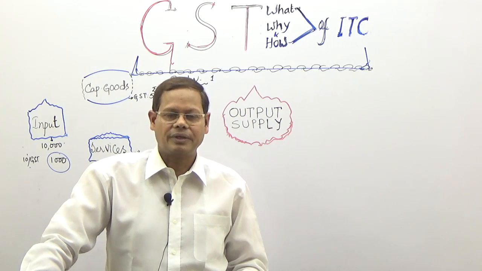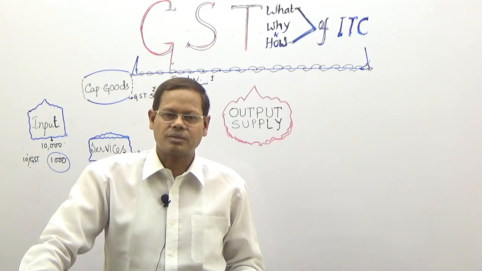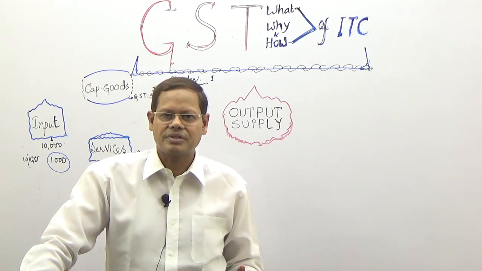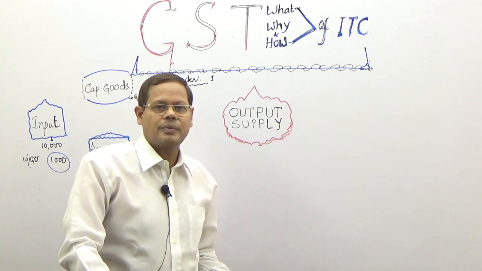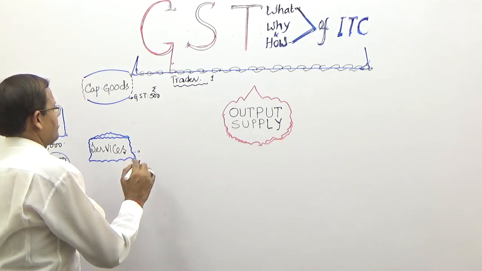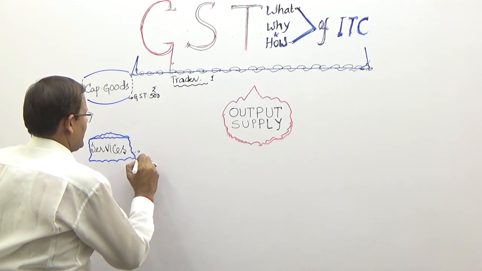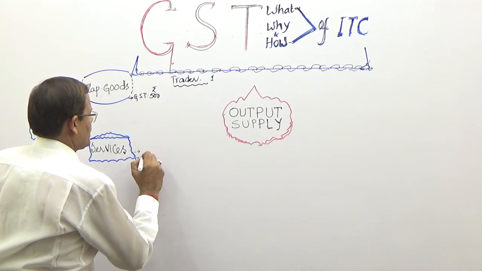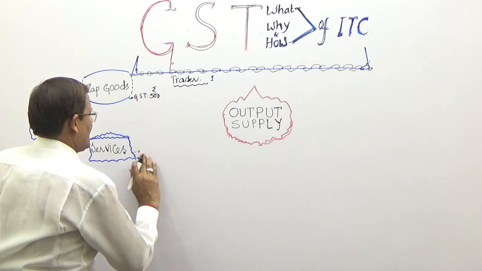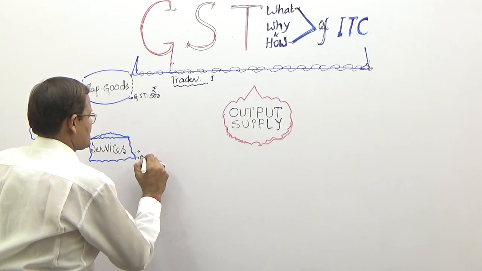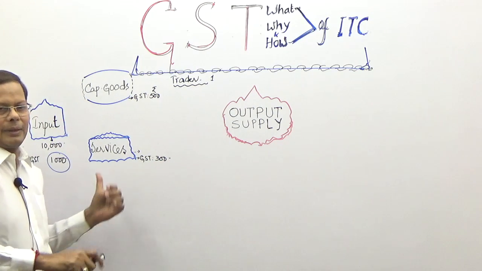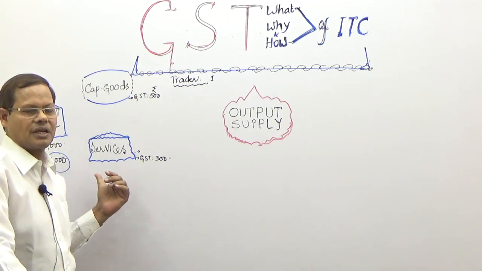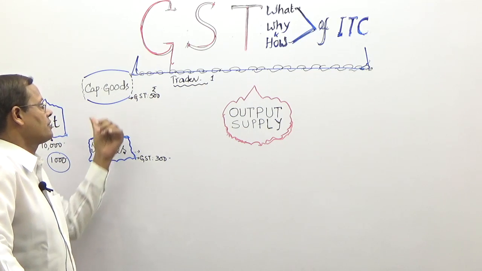You name it and you have it, because everything is taxable today. So he is also taking services in furtherance of his business, so he is paying service tax. Let us say he is paying 300 rupees as GST for the services he is receiving. This you can also call input service. Input service and capital goods.